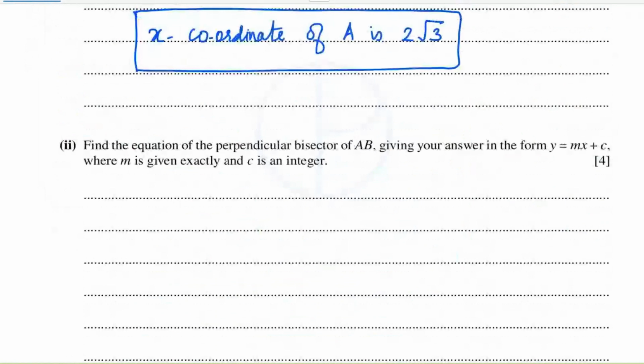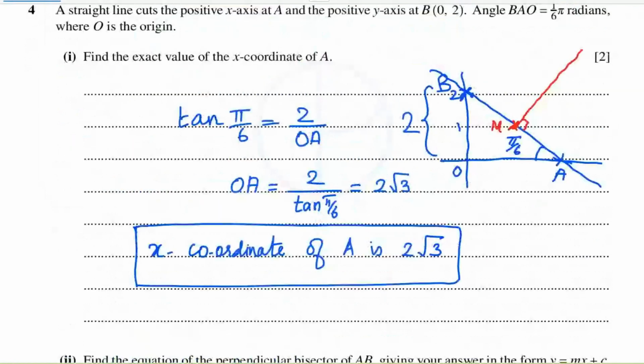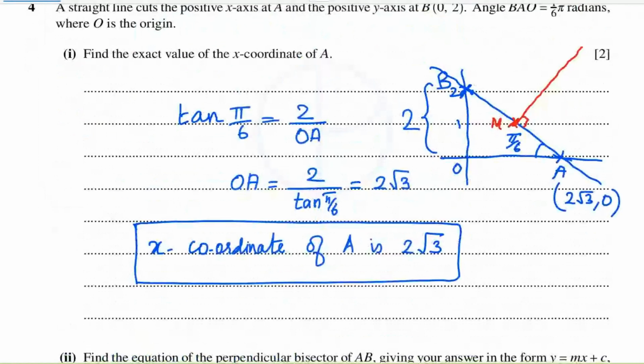So the midpoint of AB is: we know the B coordinate, and the A coordinate will be (2 square root of 3, 0). And B is (0, 2).